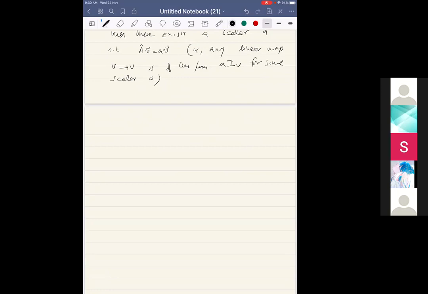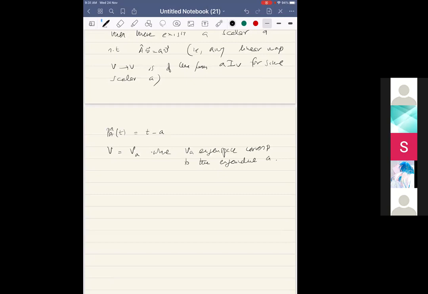So then P_A(T) is T minus a, and P_A hat(T) is T minus a, and V equals V_a, where V_a is the eigenspace corresponding to the eigenvalue a.